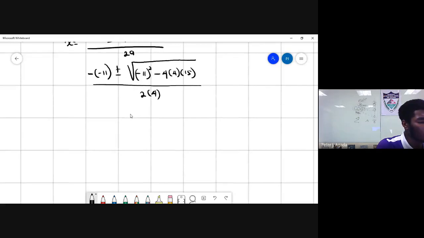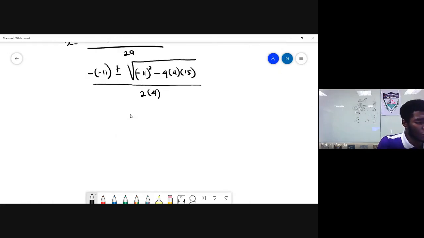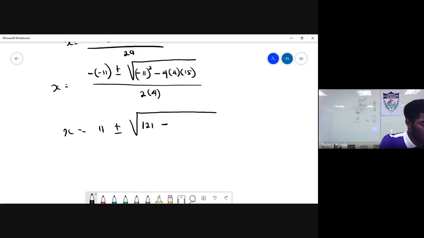If you keep solving this further, this is equal to x. So your x here is equal to 11 plus or minus the square root of 121 subtract 240, divided by 8.